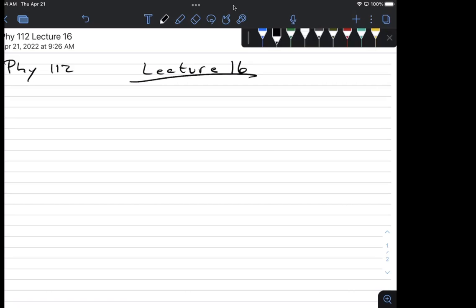So the plan for the rest of the semester is to start into the final big overarching topic, which is light and optics. We'll work on that today and next week, and then the following week, our last day, we'll do the final exam review.